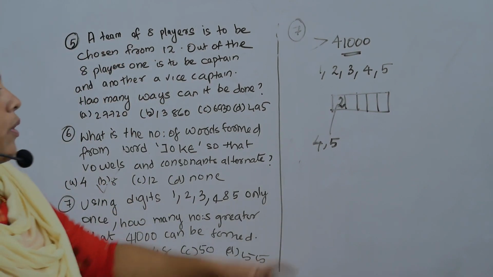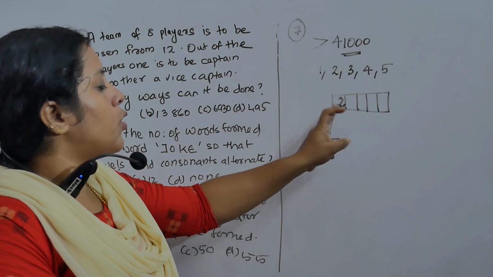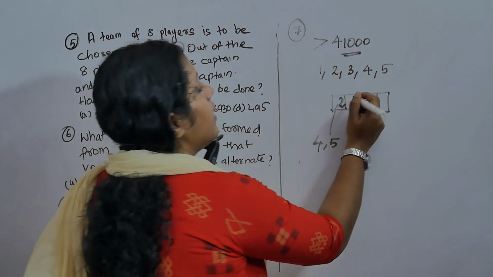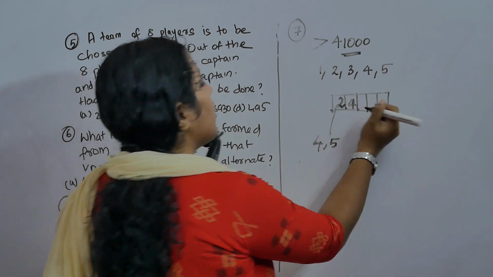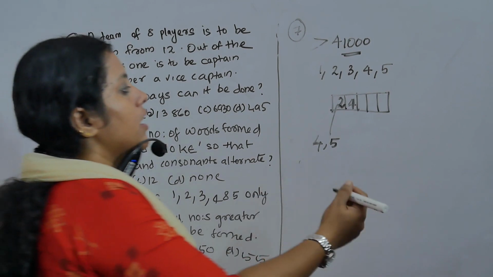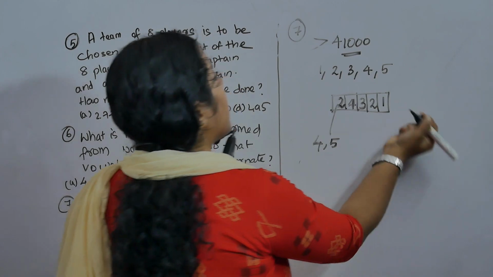Now in the next position, how many numbers are possible? Whichever of the 2 we filled in the first position, we can write any of the remaining 4 here. Then 3 ways are possible, then 2 ways, then 1 way.